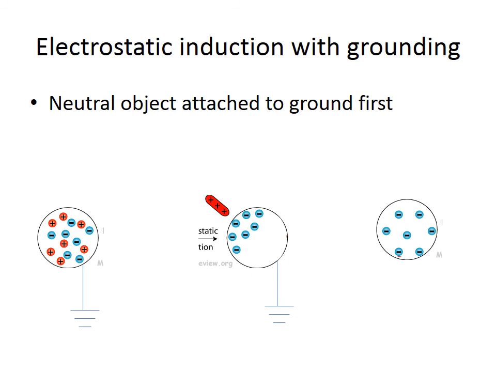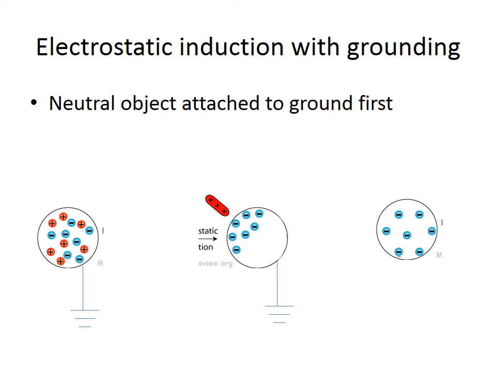And now we're going to talk through the example. You can see on the bottom it's neutral and it stays neutral. Now in the last example, we took a positive charge and we brought it near it, and the positive charges went to one side, and the negative charges went to the other. Well, in the middle example where it's connected to the ground, the negative charges all come near the positive object that's close to the neutral object, but the positive charges are nowhere to be found.